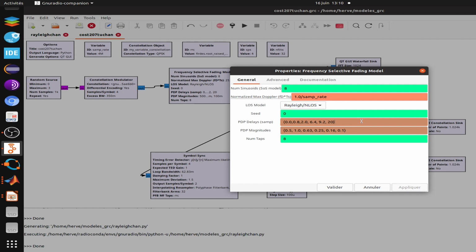So I've got 20 samples. I have to input it like that. So 20 samples for the last path. And for the PDP magnitude, it's not in dB, it's in linear. So you have to be careful also about that. Same model to generate the coefficients. It's the SOS model.